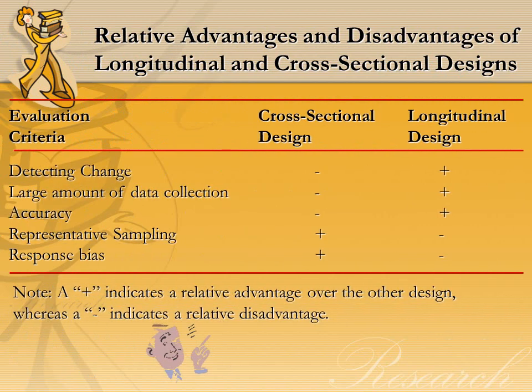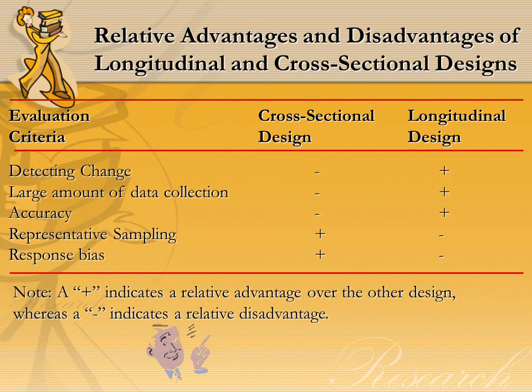The last part is the evaluation criteria: the advantages and disadvantages of longitudinal design, in which cases longitudinal design is better than cross-sectional, and in which situations cross-sectional is better than longitudinal. Longitudinal design is better where you want to detect change.